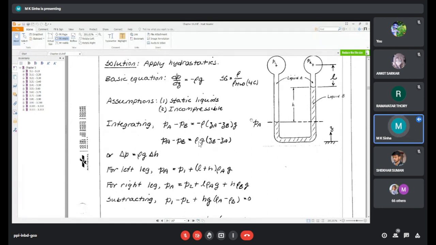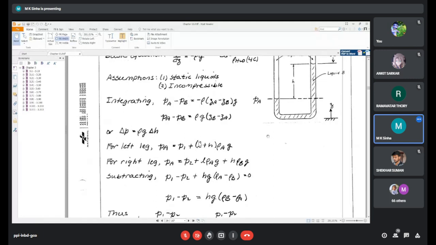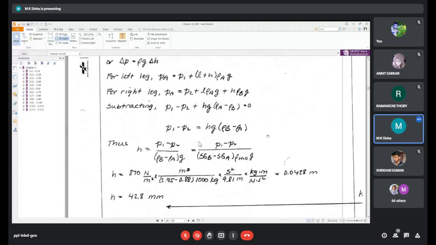And on the right side, in the same line, the pressure to the right, and the difference will give you the result. So this reference line has the same pressure in both limbs, and that will give the deflection H as 42.8 millimeter.